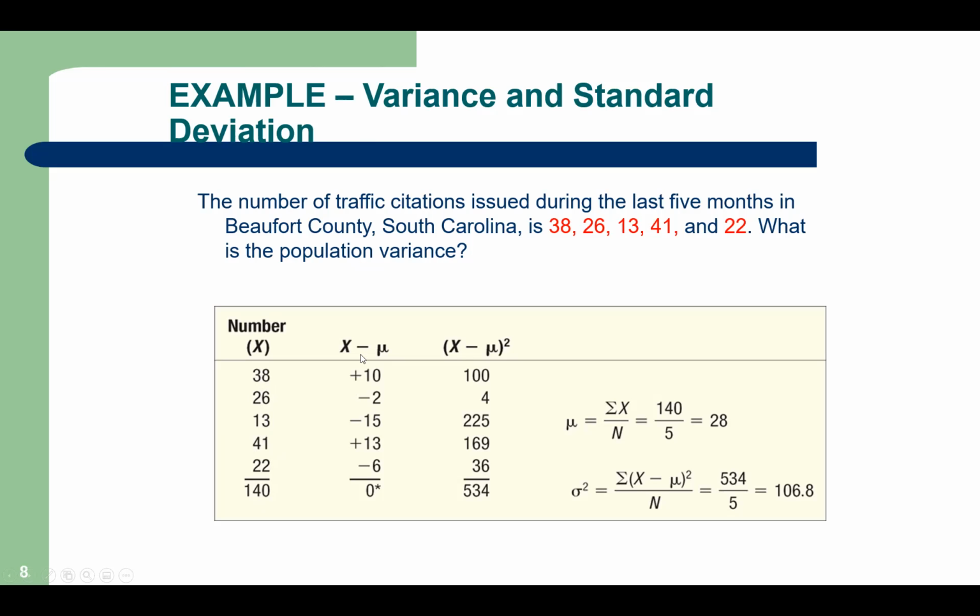Now x minus population mean. Here is positive 10, negative 2, negative 15, plus 13, minus 6. Now we will take the square of these values.